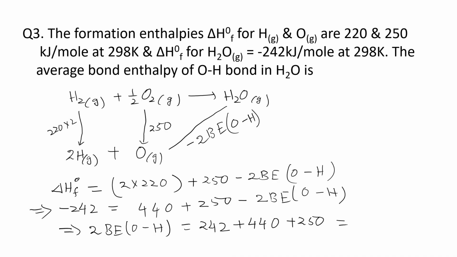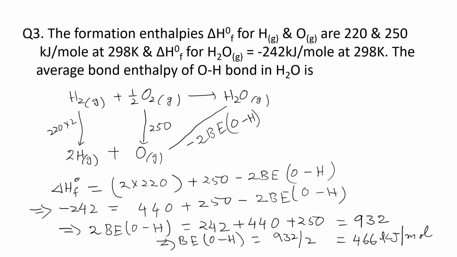So how much will it be? 440 plus 250 is 690, plus 242, that is 932. Therefore the bond energy of the oxygen hydrogen bond will be 932 divided by 2, which is 466 kilojoules per mole. This is the answer, right?